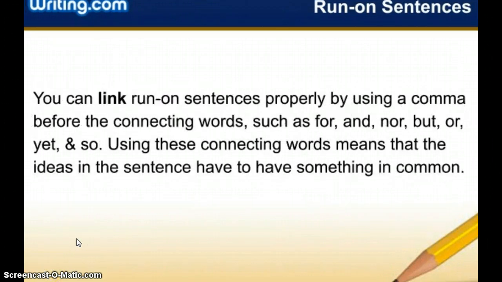You can link run-on sentences by using a comma and then one of your fanboy words, your coordinating conjunctions, like for, and, nor, but, or, yet, or so. And these are connecting words. That's what your coordinating conjunctions do: they show you that the ideas in your two sentences have something in common.